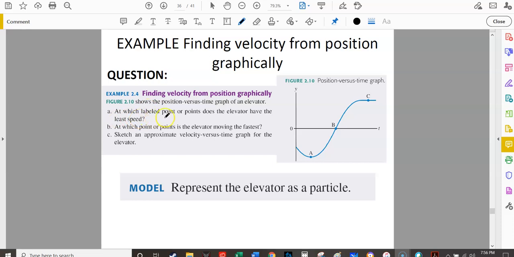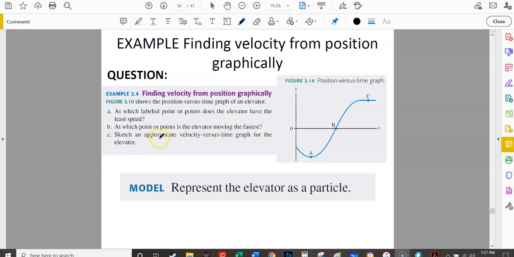At which labeled point, A, B, or C, does the elevator, which is probably going up and down, have the lowest speed, which is the magnitude of the velocity vector, not the velocity itself? At which point does the elevator have the highest speed?